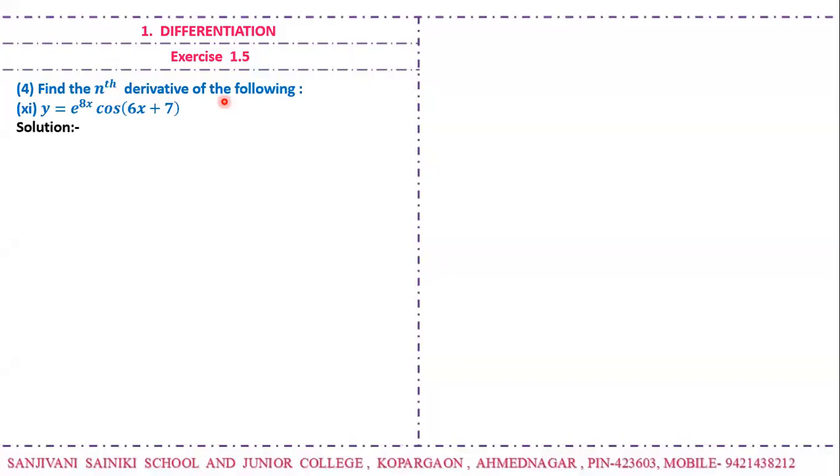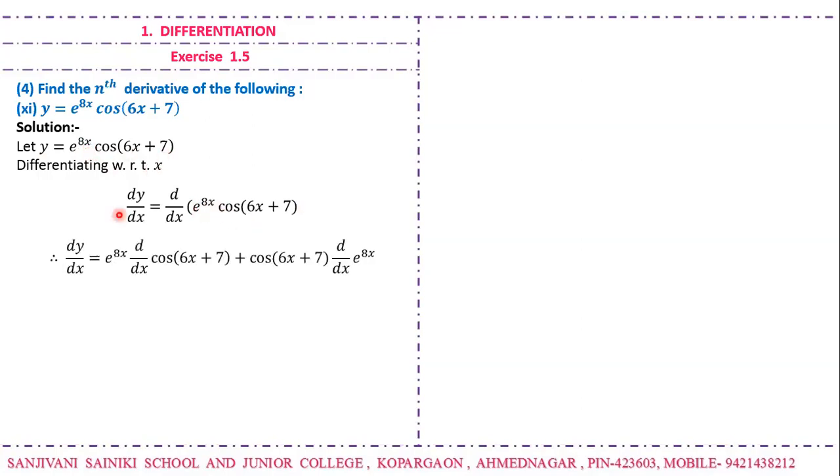Now find the nth derivative of the following: y is equal to e raised to 8x cos of 6x plus 7. Again, differentiating with respect to x, we have to use the product rule: first function as it is, derivative of the second, plus second function as it is, derivative of the first.